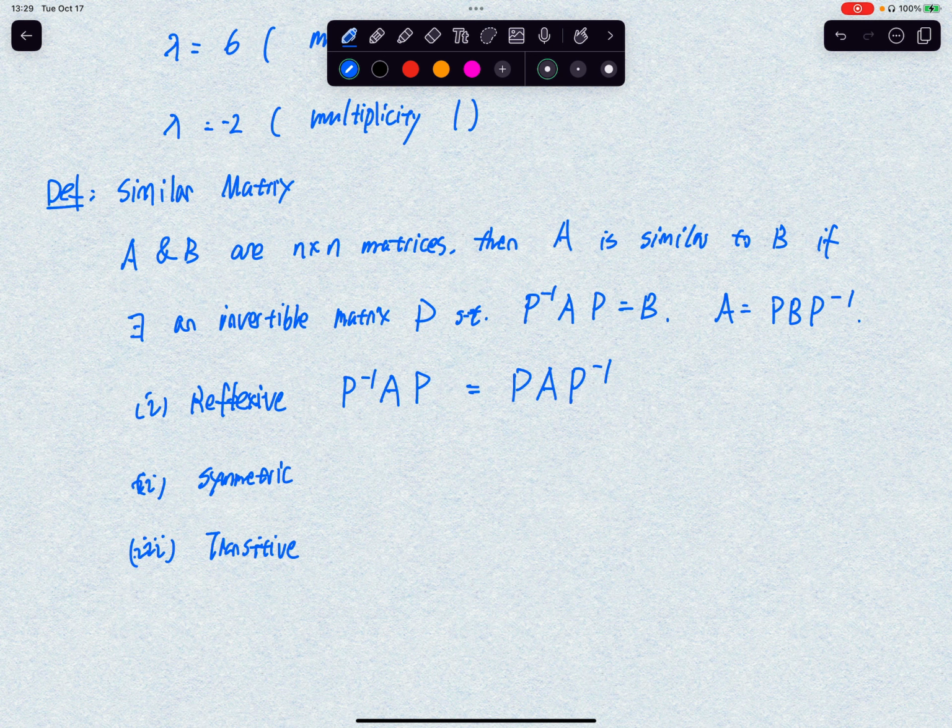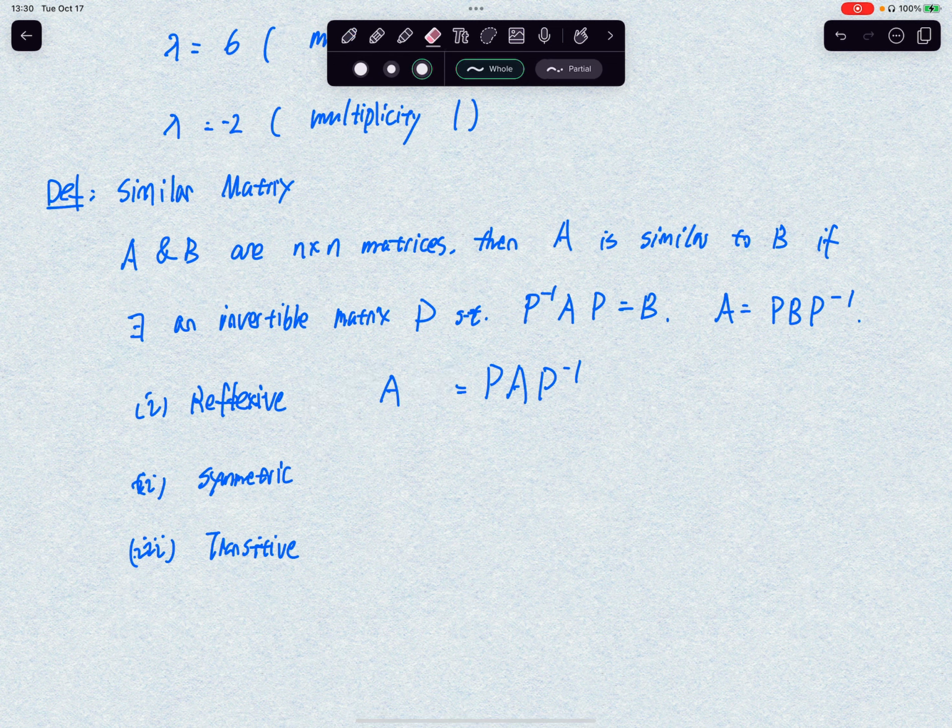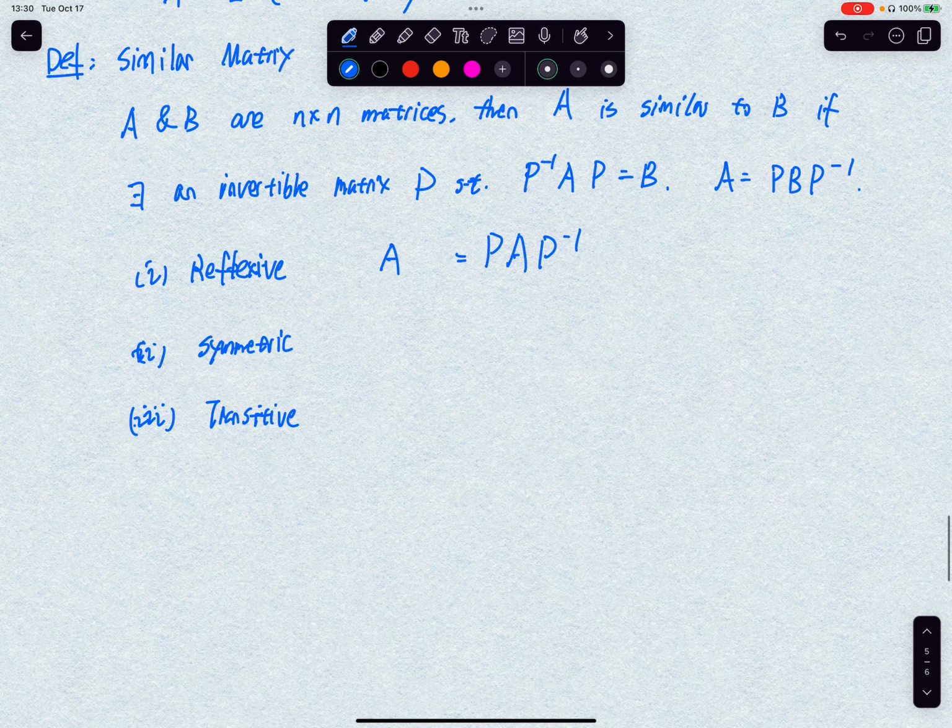Let us write I on the right hand side. Since P is invertible, we left multiply by P and right multiply by P inverse. So we have A equals P A P inverse. So the reflexive, the first condition, is satisfied.